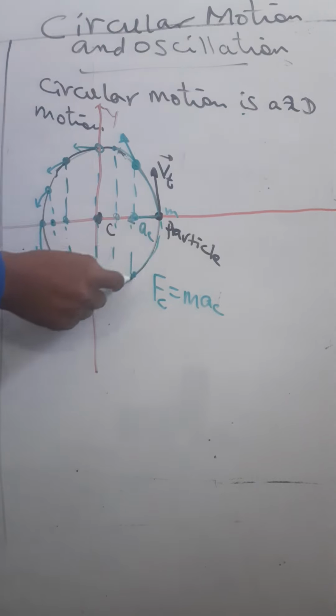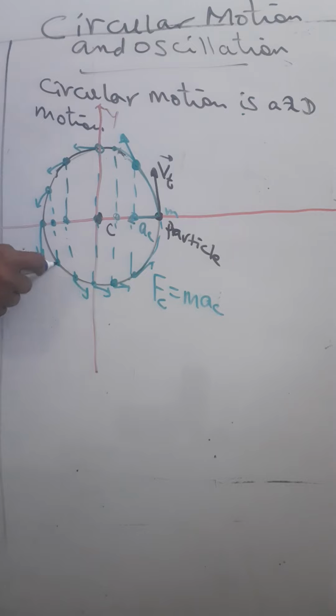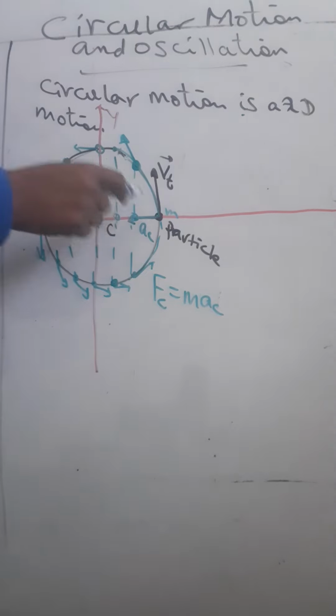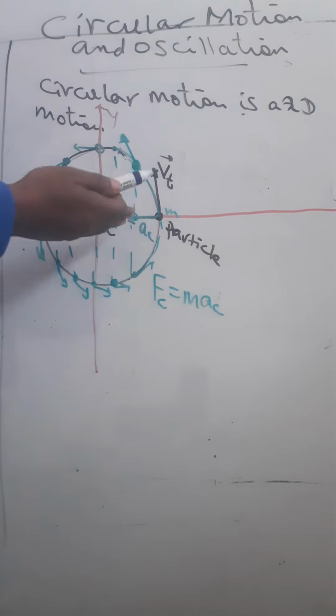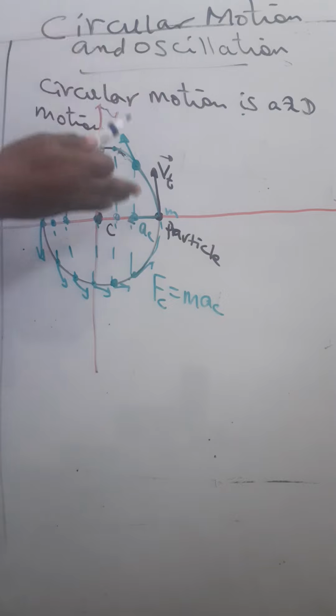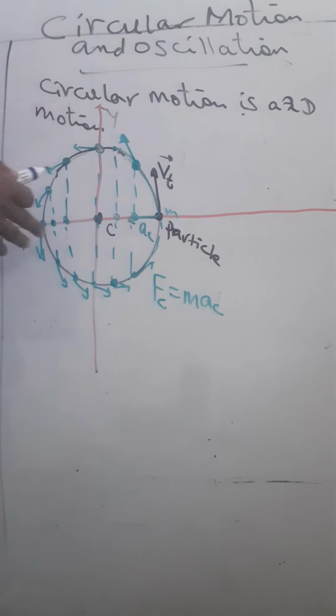And finally the particle comes to the initial position on the positive x-axis, which means it covers one complete circle. If it continues, it is going to repeat the same motion again and again.